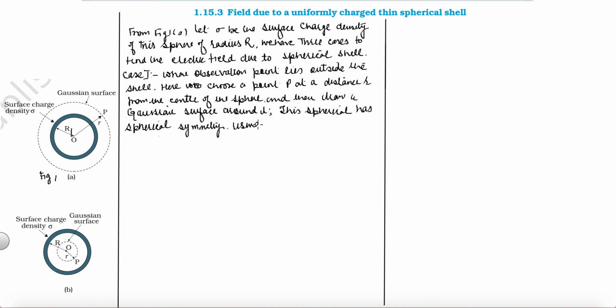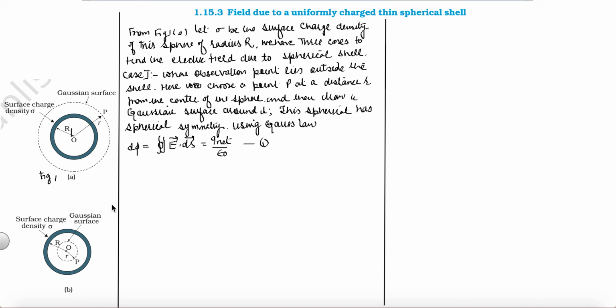So using Gauss law, d phi, the surface integral of E dot ds, is equal to the net charge enclosed by the surface divided by epsilon 0. This is equation number 1.